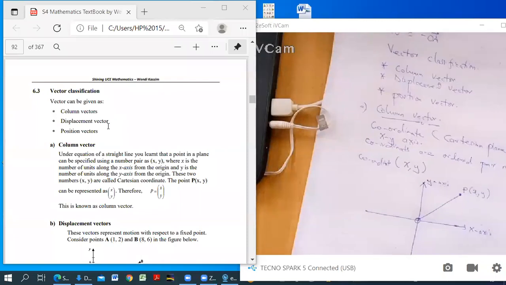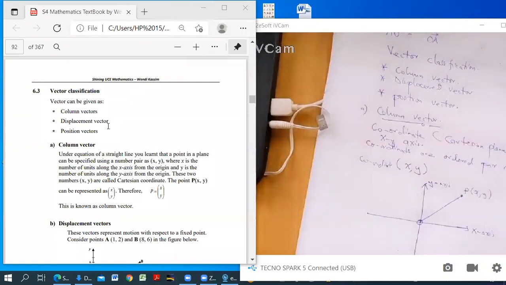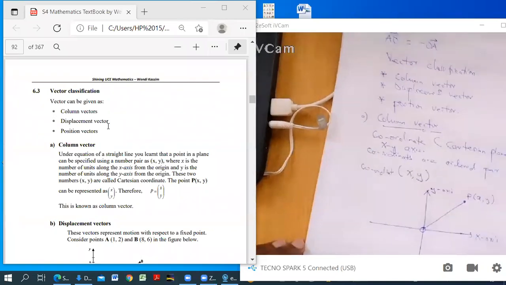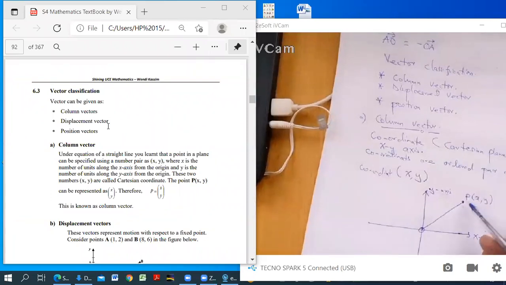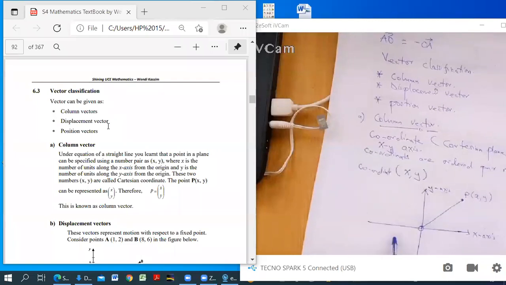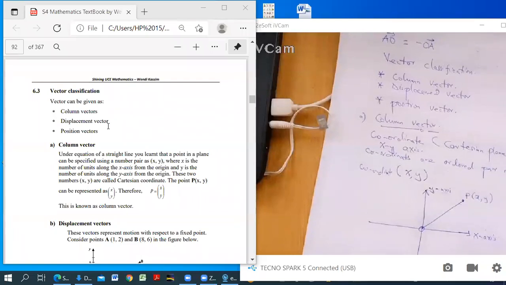Someone asked, what's the use of coordinates? Coordinates help us to determine positions on a given plane. So now we have position P. But to get to position P, I have first to move in the X direction, and then I have to move in the Y direction also.